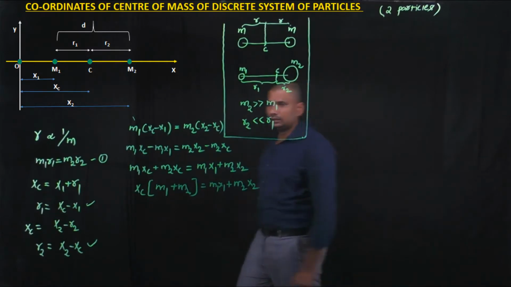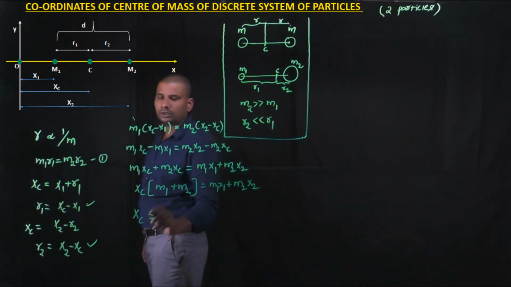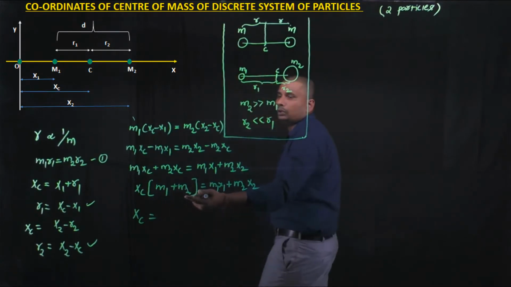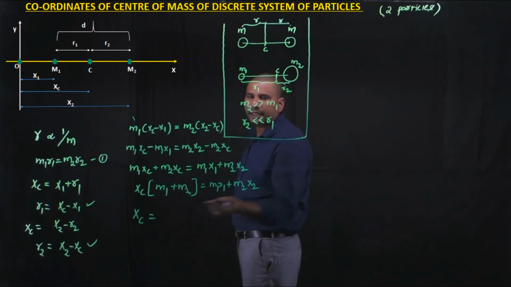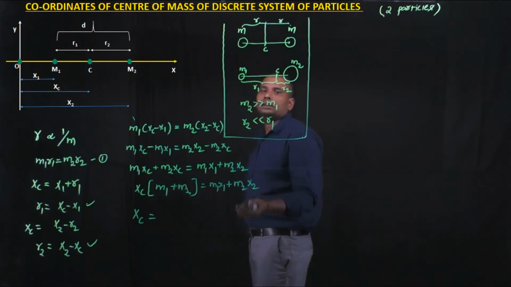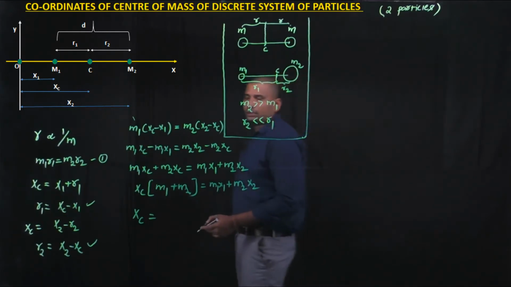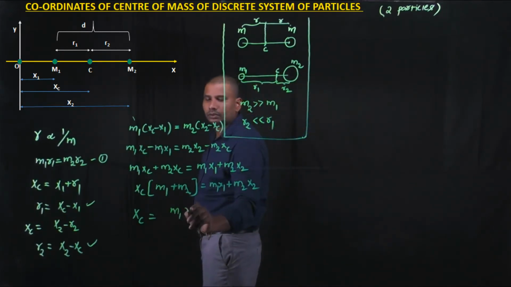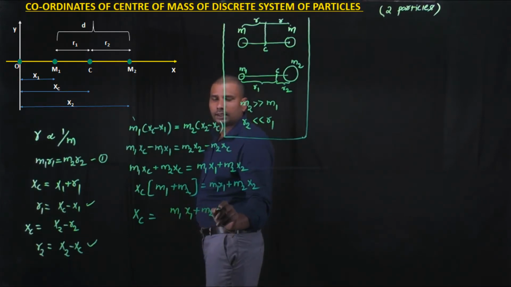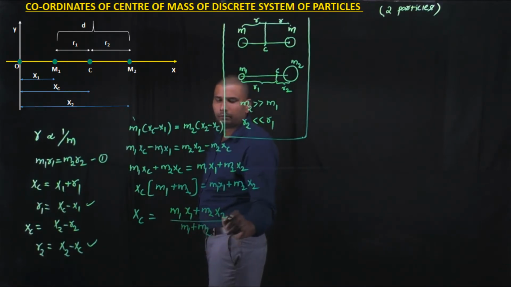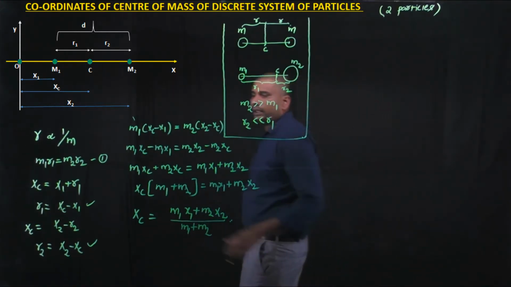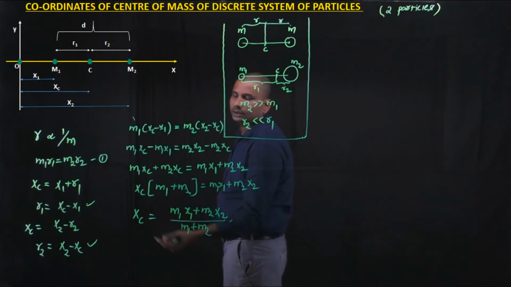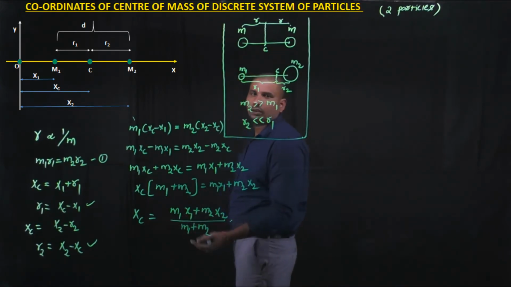From this, the value of xc is equal to m1 x1 plus m2 x2 divided by m1 plus m2. This is the expression for the coordinate of the center of mass on the x-axis for two particles.